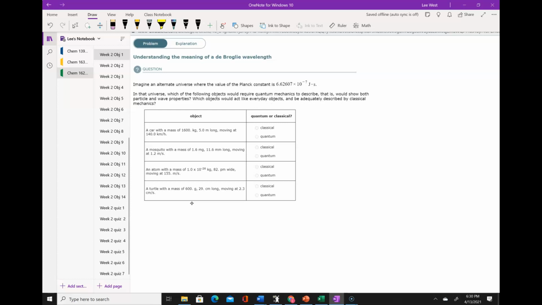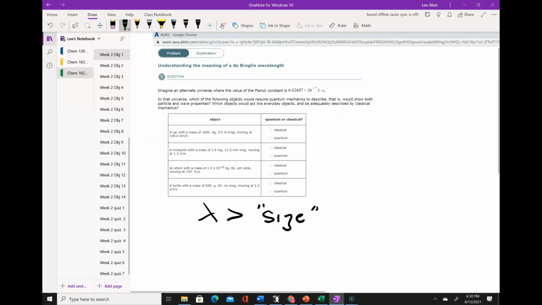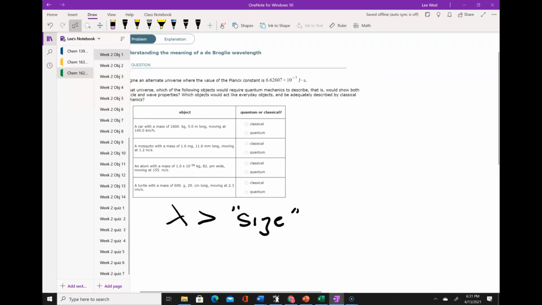So what we're asking here is, for which of the following is the wavelength bigger than the size of the object, right? And then the quantum properties are going to dominate, and you have to use quantum mechanics to describe its properties.